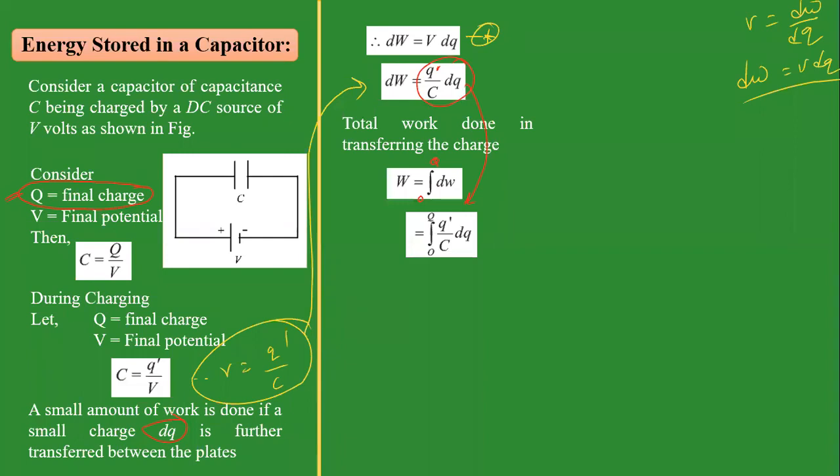C is a constant, so we take 1 by C outside, giving the integration of q dash dq within the limit 0 to Q.